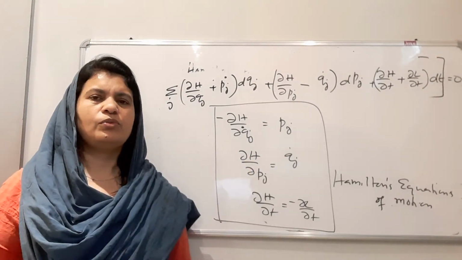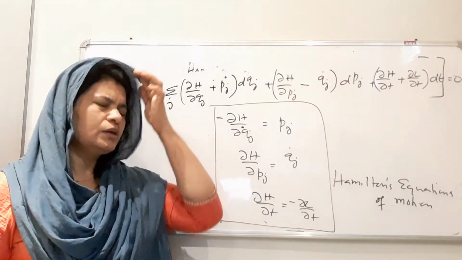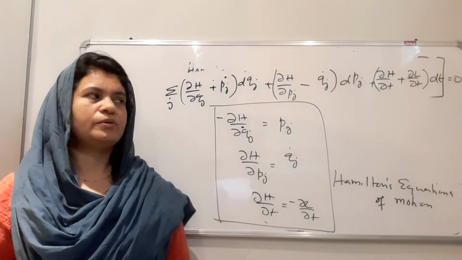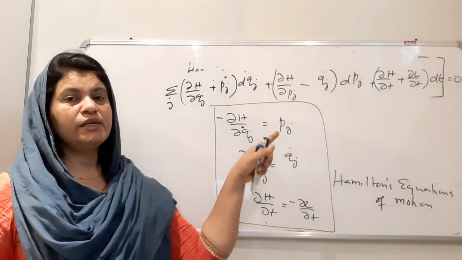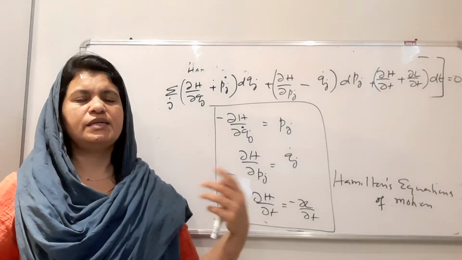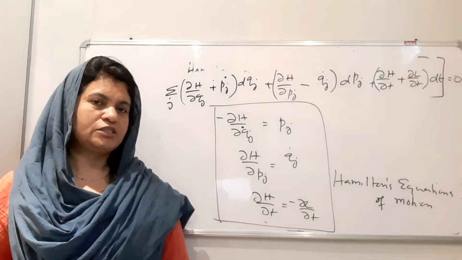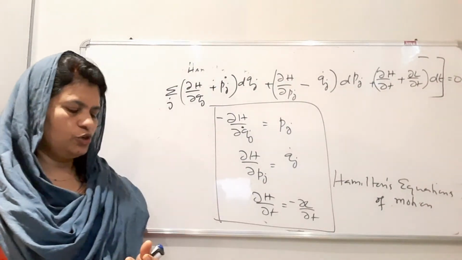Therefore, it is easier to locate or solve the problems. Hamiltonian is applied in phase space, Lagrangian is applied in configuration space. That is another difference.